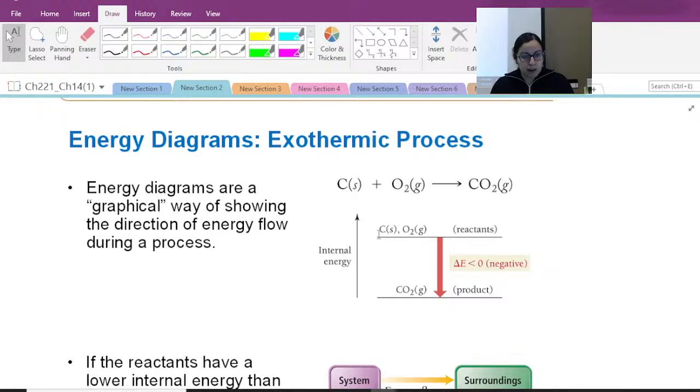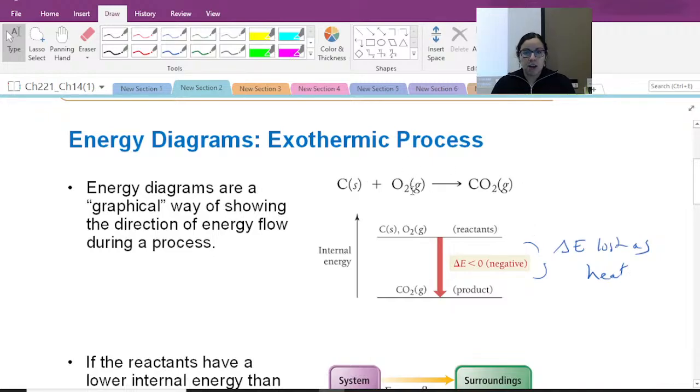So we have our energy flow, and for exothermic, we can see our products are lower in energy, because we've lost that energy as heat. So we can say delta energy is lost as heat, and all we're saying is this reaction is exothermic.